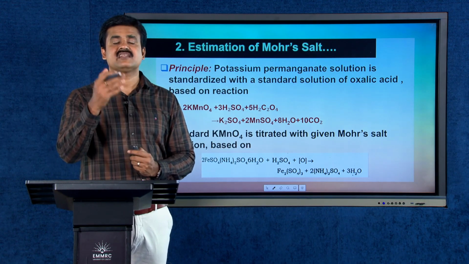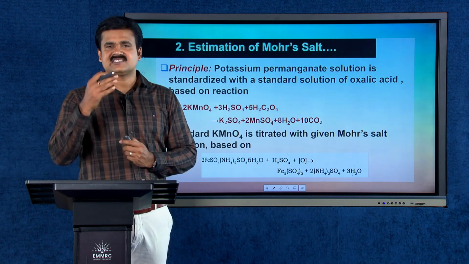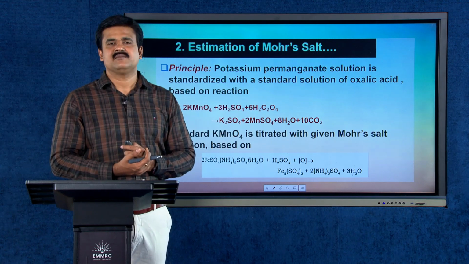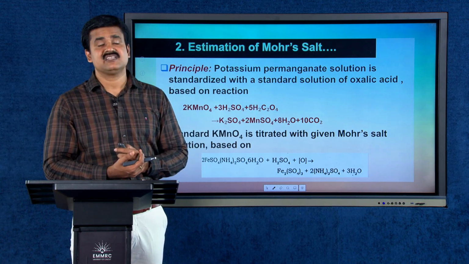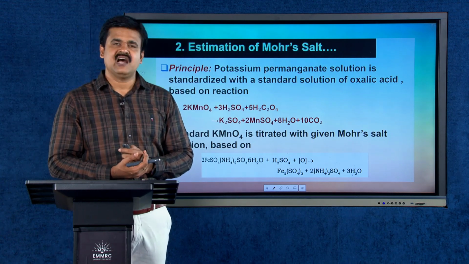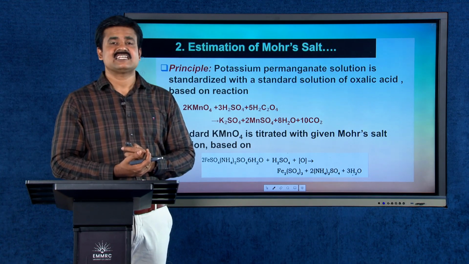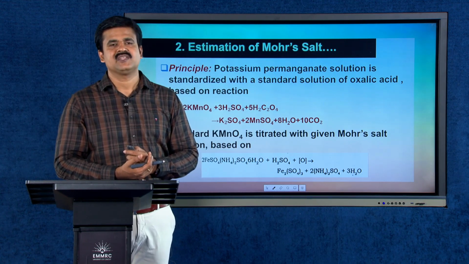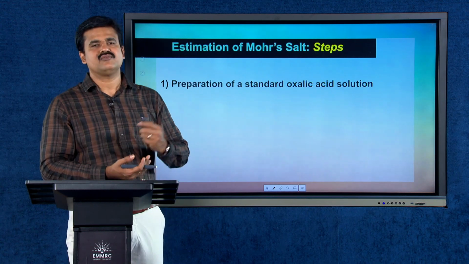So, here there are two kinds of reactions. The first part is the standardization of the given permanganate solution, which is through the titration of a standard solution of oxalic acid with the given KMnO4 solution. And in the second part, you have to do another titration, that is a titration between standardized KMnO4 and the Mohr's salt. So, these are the various steps for the estimation of Mohr's salt.